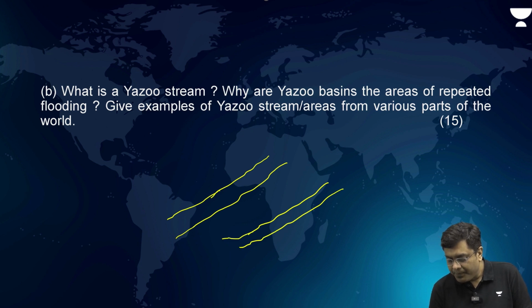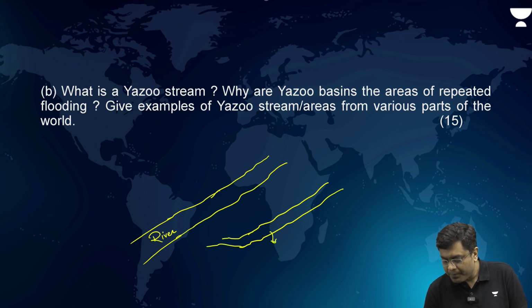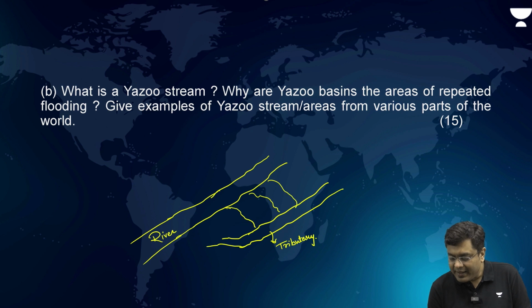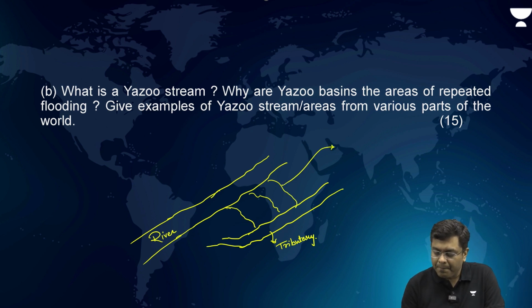So, here, let us suppose this is the main river and this is the stream or a tributary. Now, here these are basically separated, they run parallel for a long distance, and they are separated by the natural levees.